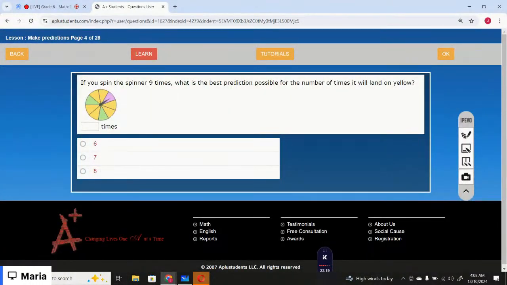If you spin the spinner 9 times, what is the best prediction possible? It will land on yellow, which is the correct option?